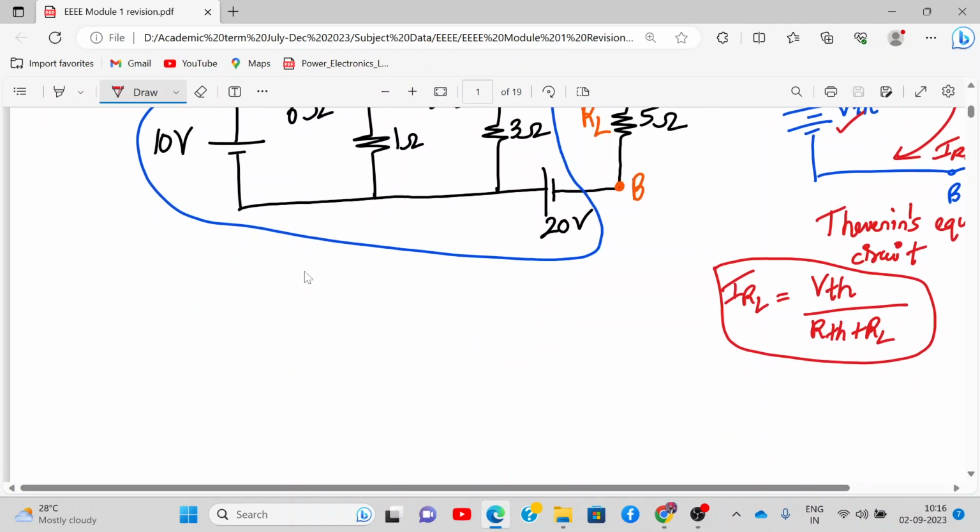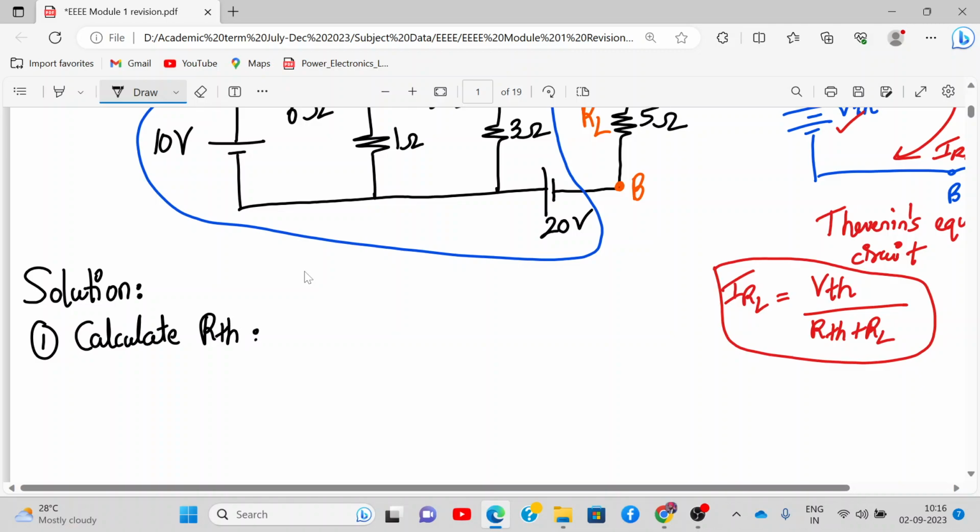Alright, so let's calculate RTH first. RTH is much simpler. So for RTH, what we will do?